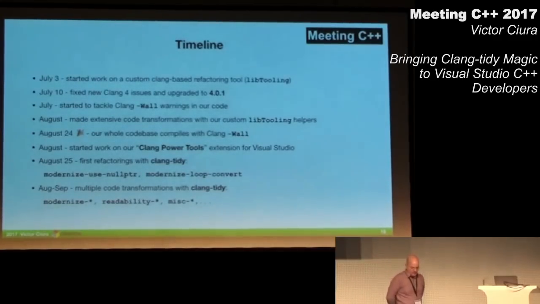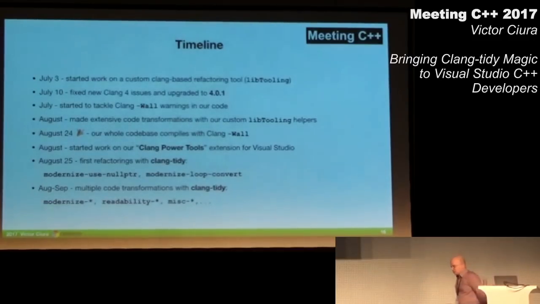So we upgraded to Clang 4 and fixed some of the new warnings, and we got courageous and started to tackle warnings issued by Wall in our source code. And we made extensive code transformations using our custom-built libtooling tools.